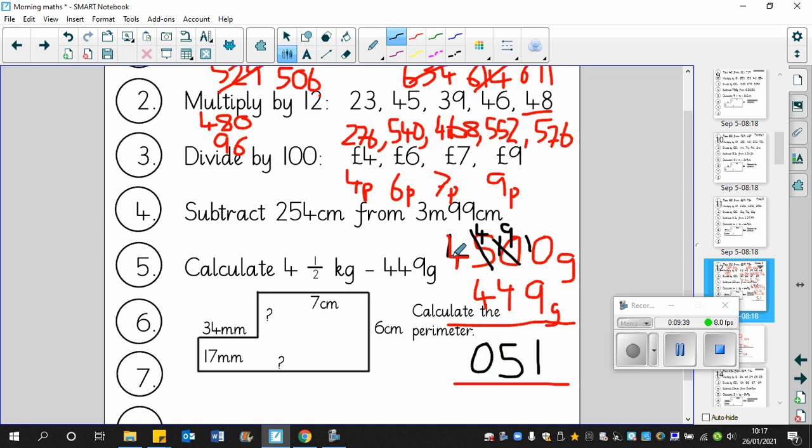And then 4 take away 0 is 4. So what we've got is 4,051 grams, which is 4 kilograms, because of this 4 here, and 51 grams.